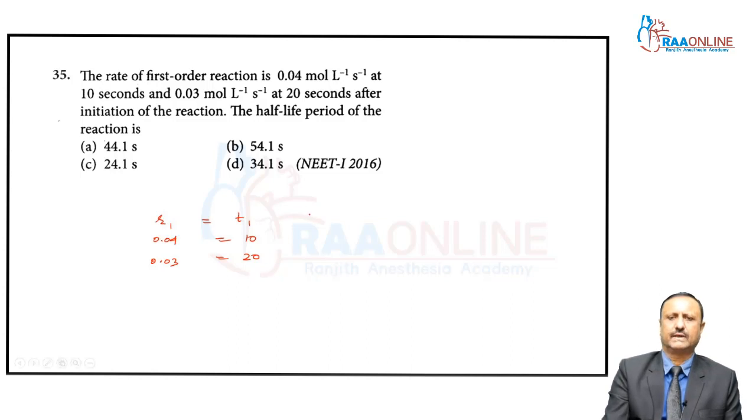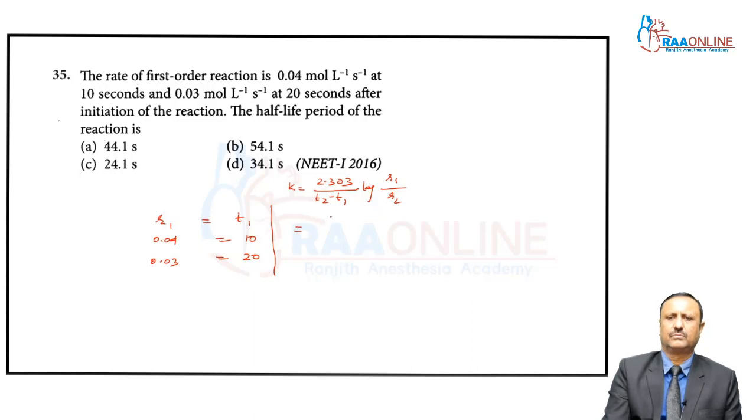Here my dear students, you get two rates, so you can use this formula: k is equal to 2.303 upon T2 minus T1, log R1 upon R2.